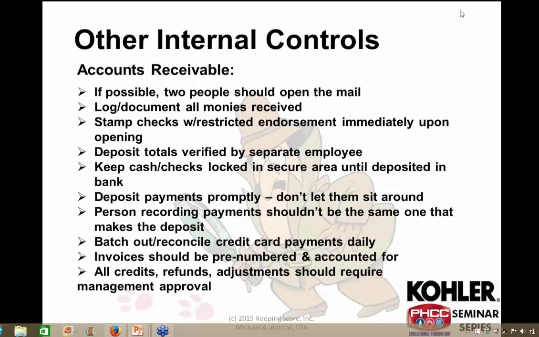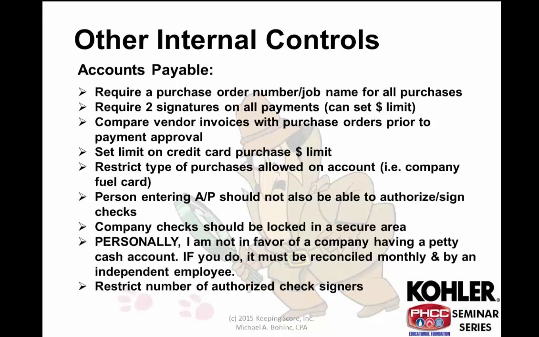All right. On the payable side, I talked a little bit about it with inventory. Require a purchase order number, job name for all purchases. If you don't have a purchase order system, it's not difficult to implement. If nothing else, you're going to go to ABC Supply and get materials for Mrs. Smith's job.